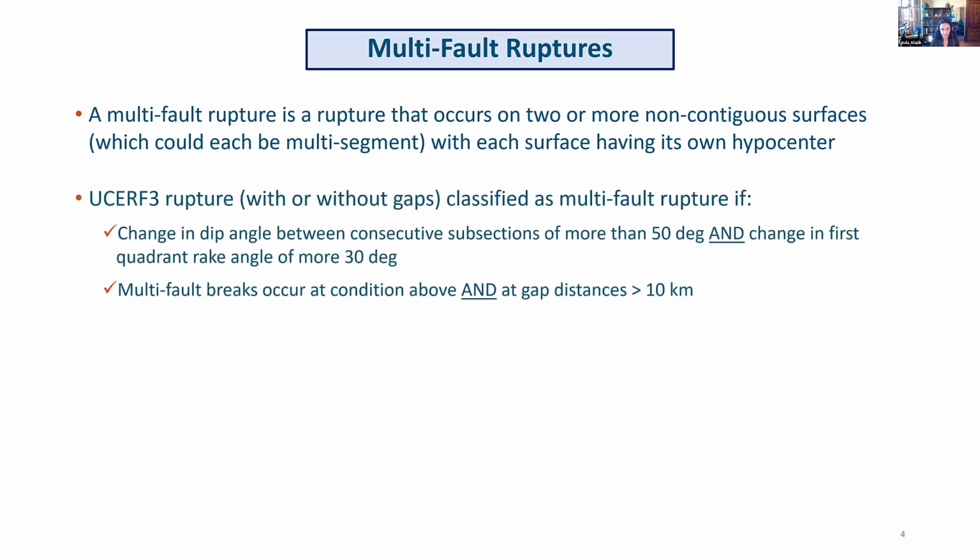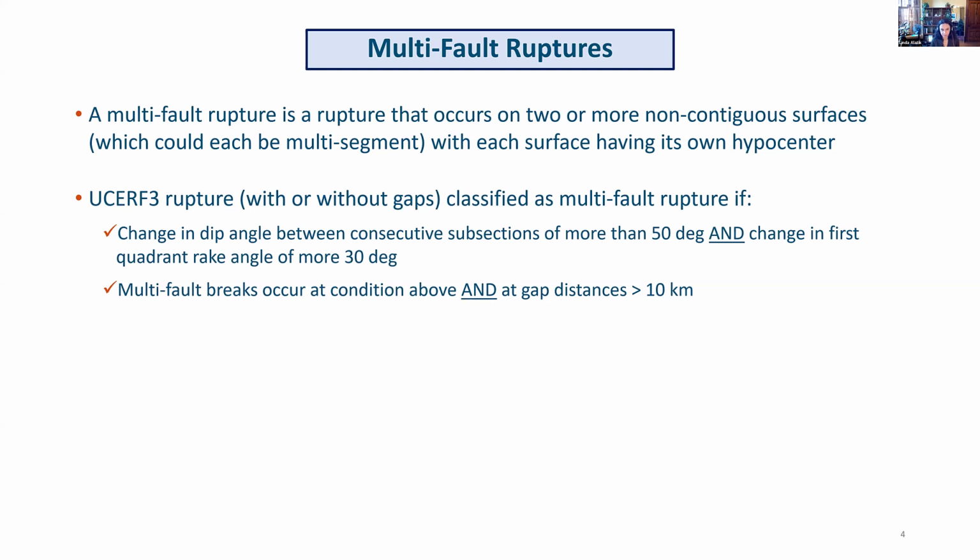We screened the entire database of USER3 fault ruptures and classified ruptures as multi-fault if they satisfied these 2 criteria: a change in the dip angle between consecutive subsections of more than 50 degrees and a change in the rake angle of more than 30 degrees. We judged these ruptures to be on the more extreme side, and that they would need to be treated a little separately.